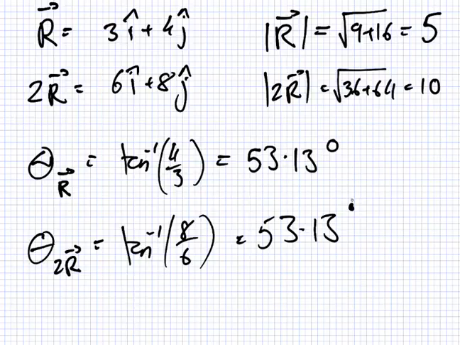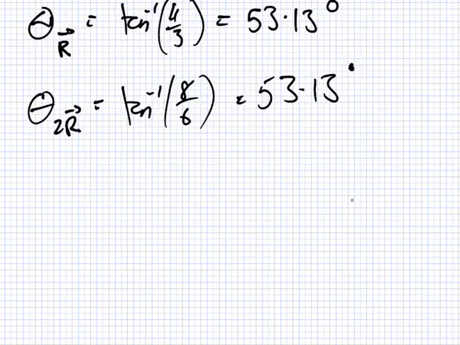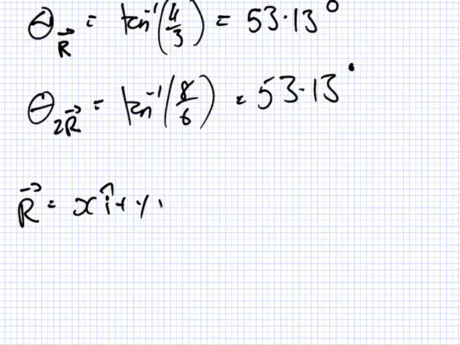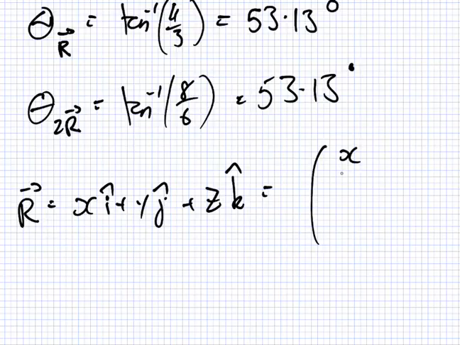Now, often in the exam and in your notes, it's inconvenient to write i and j and k every time. So when you have a vector like xi plus yj plus zk, we often just write it like this, x, y, z. This makes your vectors look like matrices, which is good because the rules of matrices also work here.